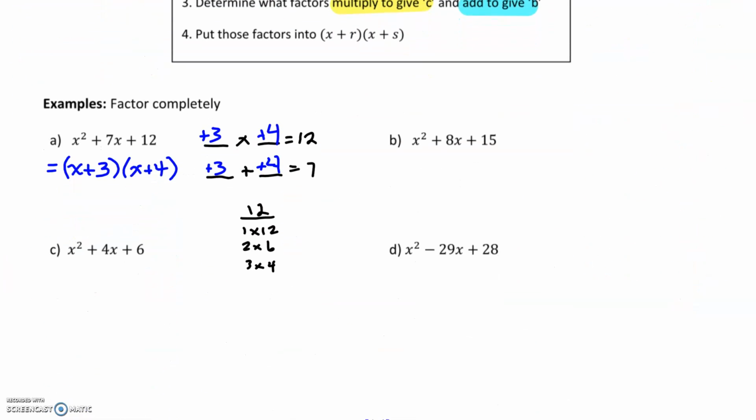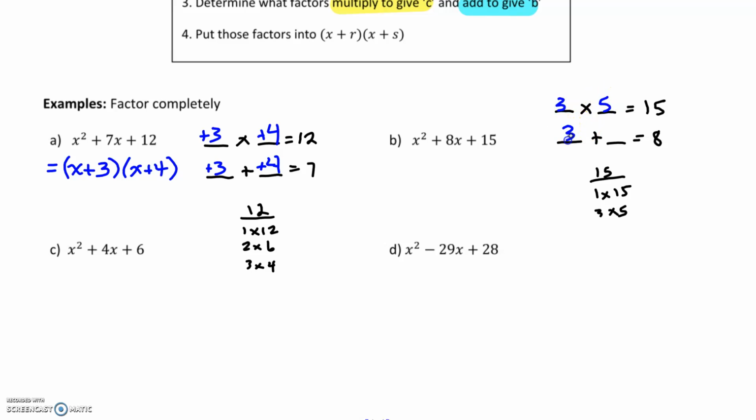All right, let's try the next one. So we're going to think in our head, what times what equals 15, and then what plus what equals 8, the same numbers. You don't have to list the factors like I am right now, but this is a good way if you get stuck to think about it. So the factors of 15 are 1 and 15, 3 and 5, and we can see right away that 3 and 5 would be the factors that work.